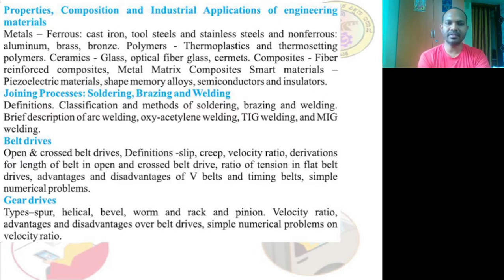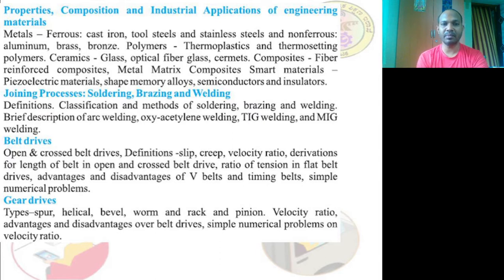Now, in this chapter of the fourth module, we will talk about metals. We will talk about the ferrous type of metals, for example, cast iron, tool steels, and stainless steels. And in the non-ferrous metals, we will talk about aluminum, brass, and bronze. Then we will also study the polymers, that is, the thermoplastics and thermosetting polymers.